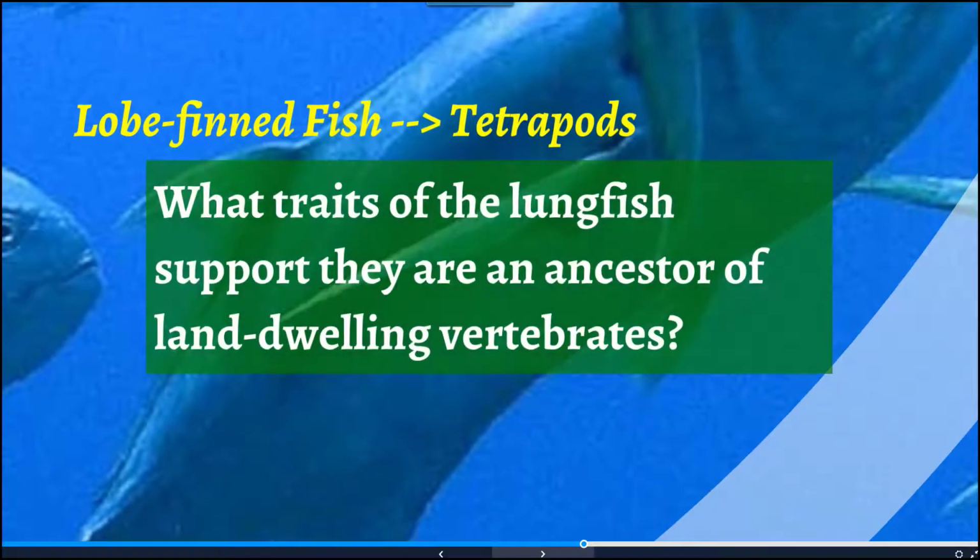So lobe-finned fish are largely thought of as the ancestors to land-dwelling vertebrates. And the reason for this is because they have that bony structure to their appendages, allowing them to stand upright, but also they have the presence of a lung in addition to their gills, which allows them to breathe air when they're out of water.